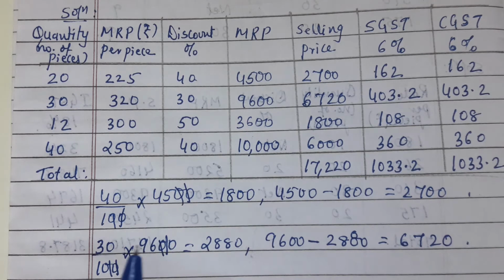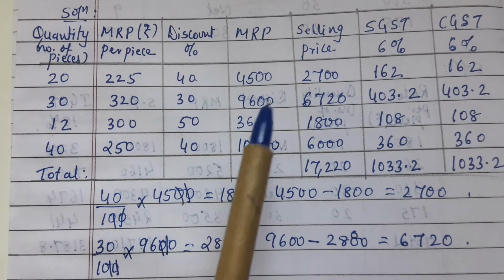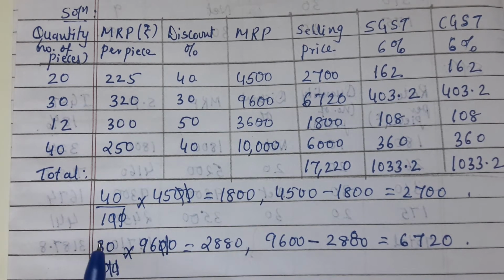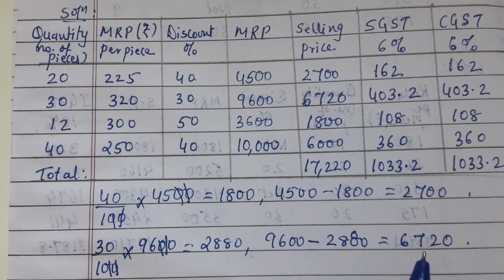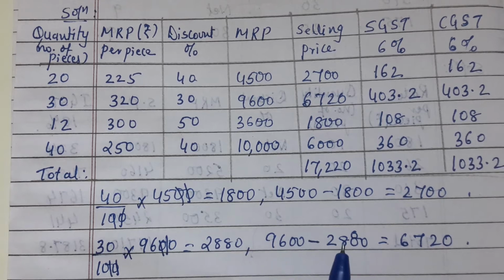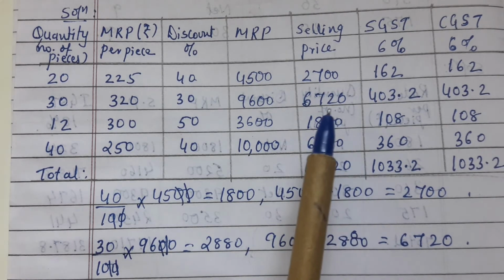Same for the second. 30% of 9,600. So 30 upon 100 into 9,600 is 2,880. MRP minus discounted price is equal to selling price. 9,600 minus 2,880 is 6,720 selling price.